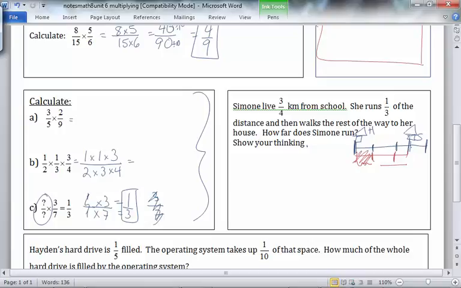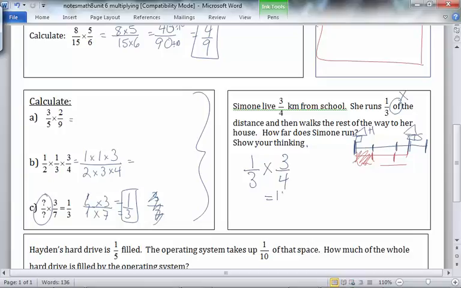Now, you could draw a picture and estimate ahead of time, but we want to be as accurate as possible. So anytime you have a question like this, if you see the word "of," almost always "of" means multiply. If she runs 1/3 of the distance, that means 1/3 of 3/4. Pretty cool, eh?